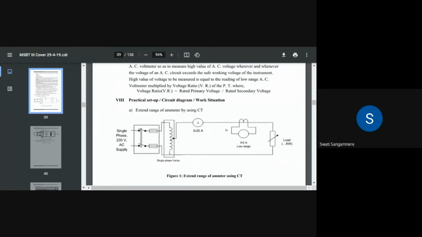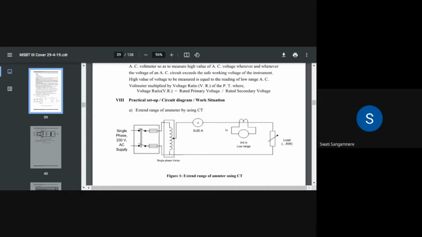The phase terminal of the variac is connected to the common terminal of this high range ammeter. Then the range terminal of this ammeter is connected to the first terminal of the primary of the CT. Then the second terminal of the primary of the CT is connected to the first terminal of the load bank. Then the second terminal of the load is connected directly to the neutral of the auto transformer or variac.